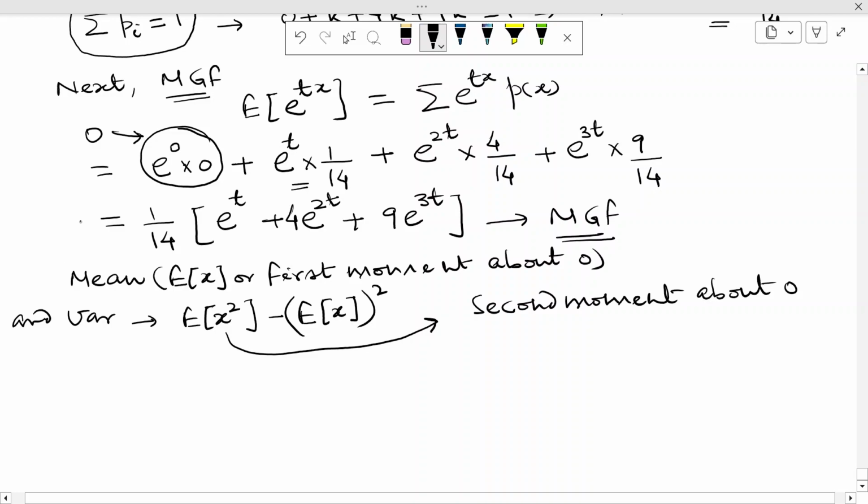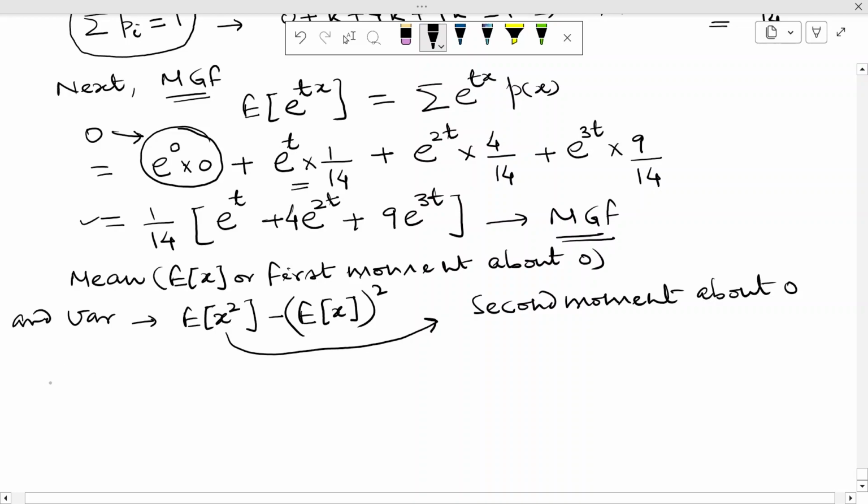So we obtain the first and second moments using this moment generating function. In this particular example, I will use both procedures to obtain our moments from the moment generating function, that is, by collecting the coefficients as well as by performing differentiation of our moment generating function.